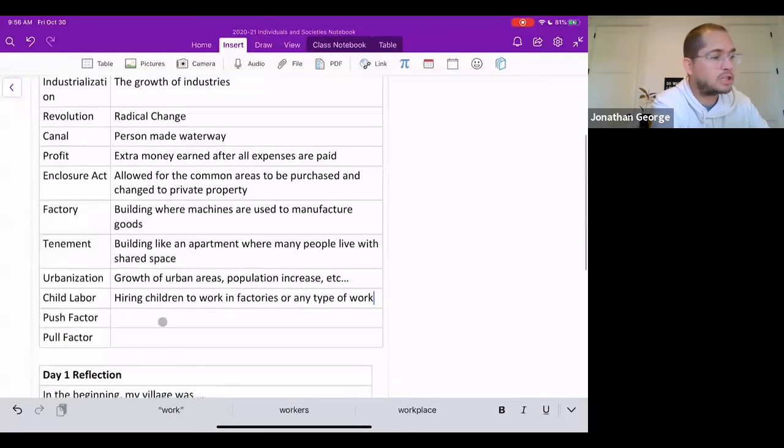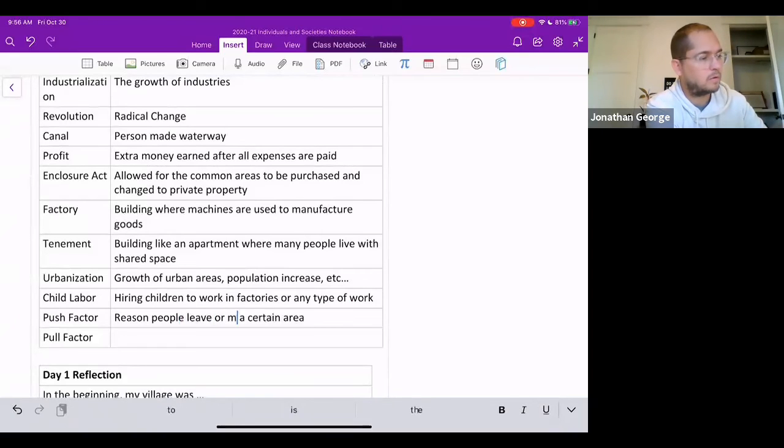Okay. Now, here's a push factor. Here's what I want you to do. Push factor is a reason people leave a certain area or move from a certain area.